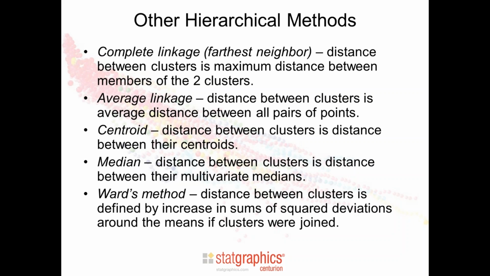The centroid is actually the point in p-dimensional space located at the mean of each of the p variables. Or you can look for the distance between the medians, or you can use Ward's method. Ward's method defines the distance between two clusters in terms of how much the sum of squared deviations around the cluster mean would increase if you put two clusters together.